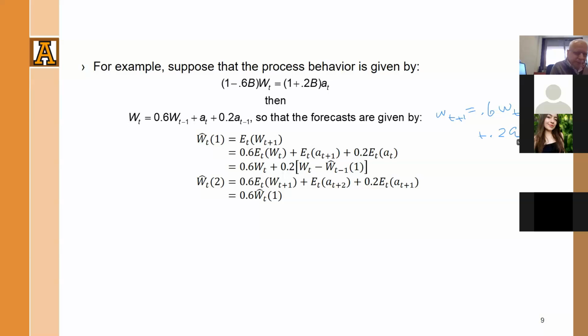Okay, that's what we have here. And that's 0.6 WT, because we know we are standing at time T. So we know what the current observation is. Plus the conditional expectation of AT plus 1, and that's equal to 0, right?